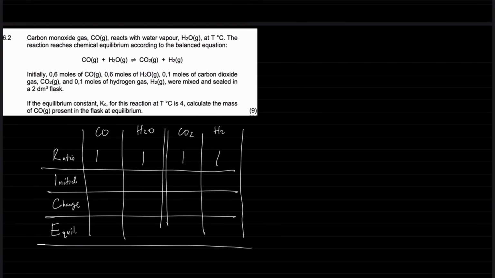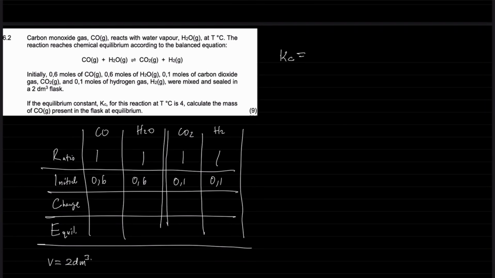So at the beginning they tell us you have 0.6 moles of CO, you have 0.6 moles of H2O, you have 0.1 moles of CO2, and you have 0.1 moles of H2. Then they tell us the Kc value. Okay, or they also tell us the volume. So let's write your volume is 2 dm cubed.